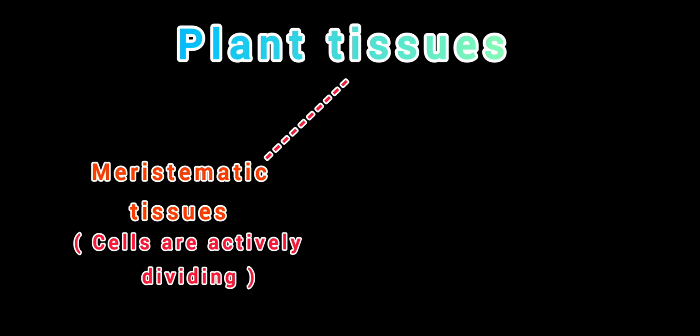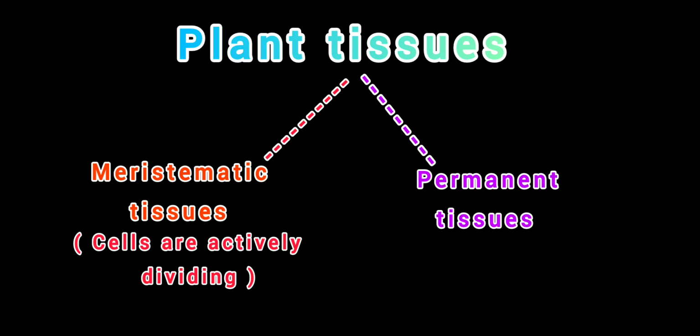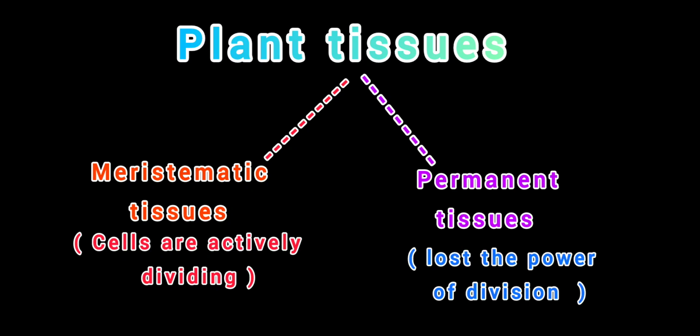This is the tissue which is made up of a young mass of immature and undifferentiated cells that remain young and divide throughout the life of the plant. When the meristems become mature and come out of the cell cycle and stop dividing, they form the permanent tissues. So, the permanent tissues do not divide at all.